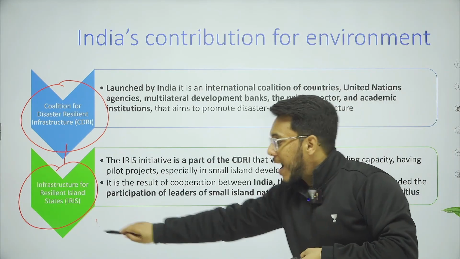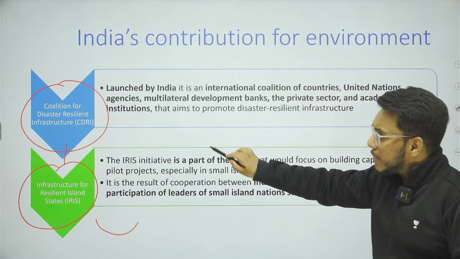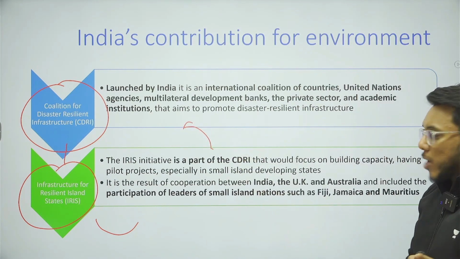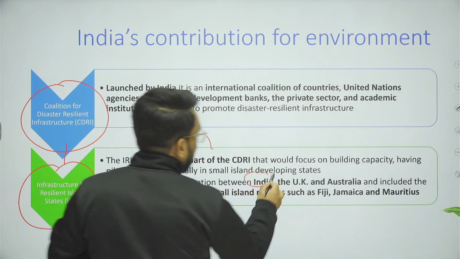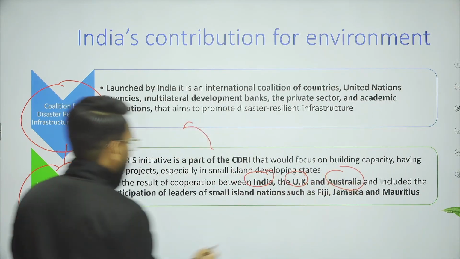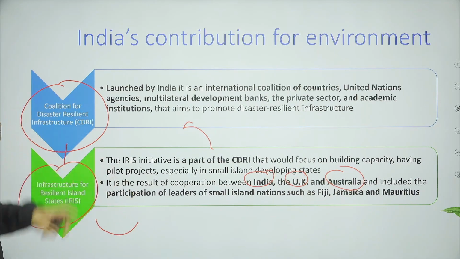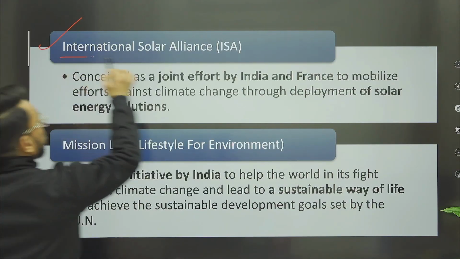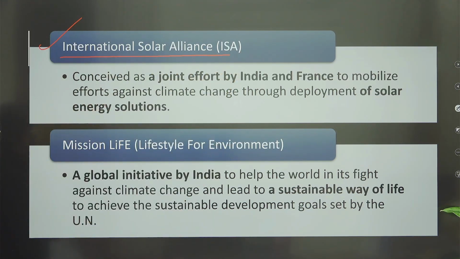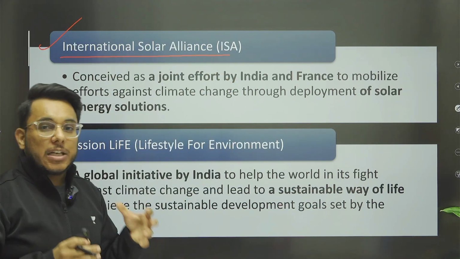Particularly when we talk about IRIS, IRIS is a part of CDRI, and here India will also be cooperating with countries such as the UK and Australia to provide assistance to these countries. Moreover, India already started the Solar Alliance, where we want to enhance solar energy potential.